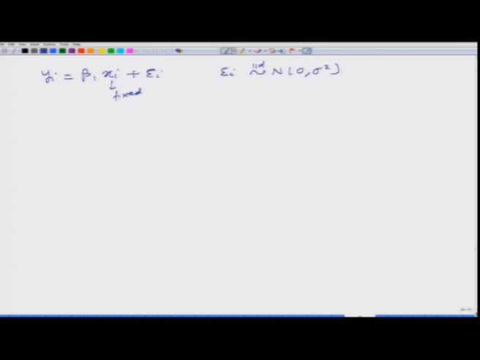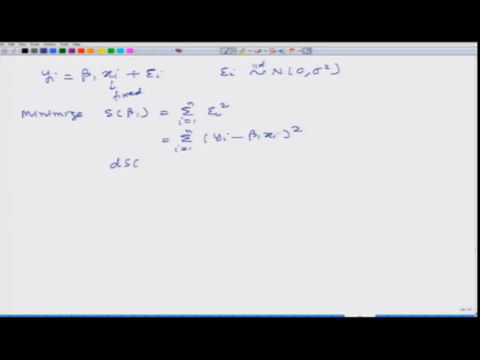So, I again use the principle of least squares and try to minimize the sum of squares, which I denote here as S of beta 1, the sum over i from 1 to n of epsilon i square, which is nothing but the sum over i from 1 to n of yi minus beta 1 xi, whole square.